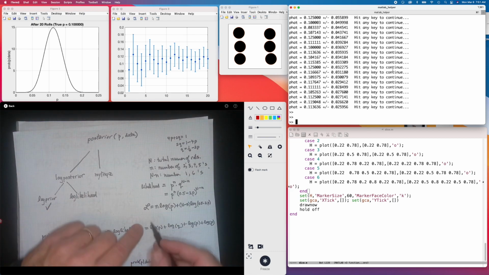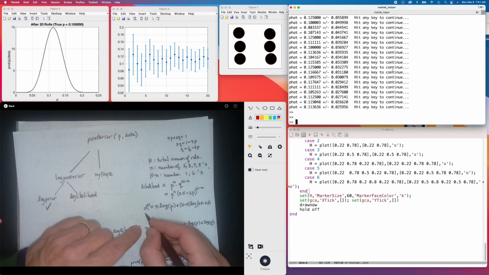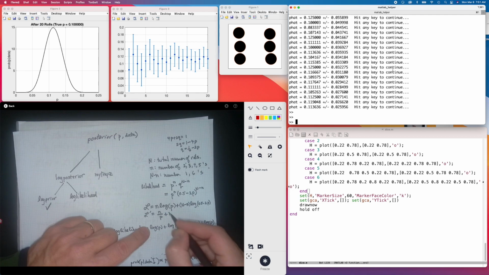And then it's easy now to take the derivatives. So L prime is equal to little n over p plus n minus little n divided by 0.5 minus 2p times minus 2.